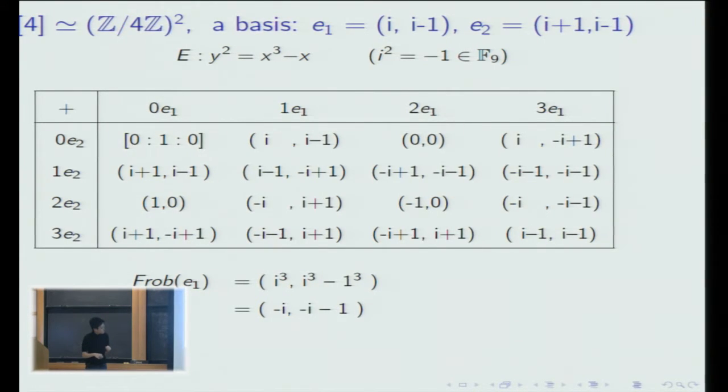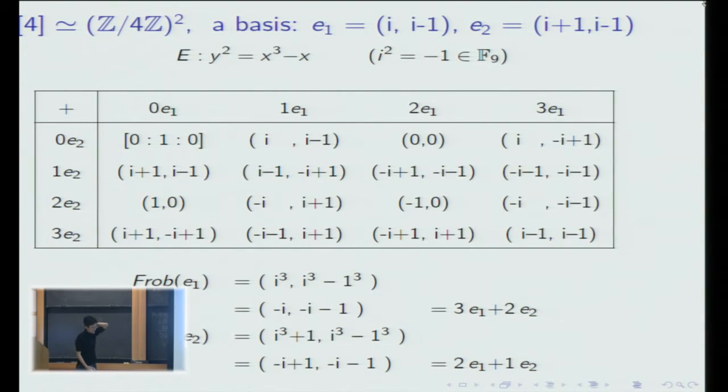So I can act Frobenius on my basis elements, and I get another point on my curve, and I look at my chart and I see that it's a linear combination of my basis, and that's that one. I do that to the second basis element, and I get another linear combination of my basis elements.